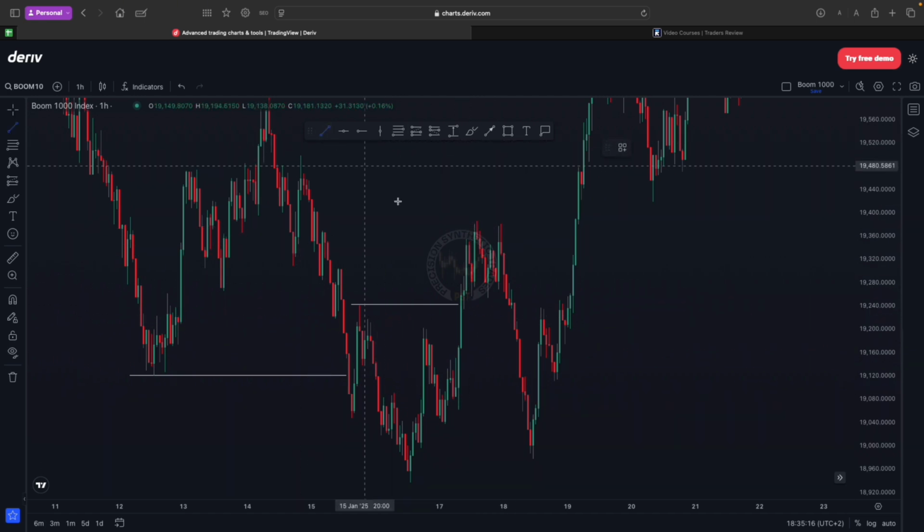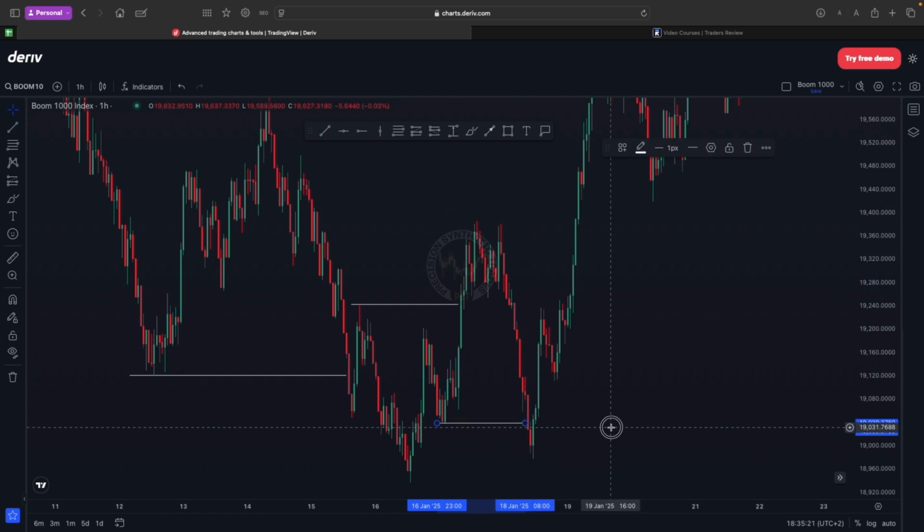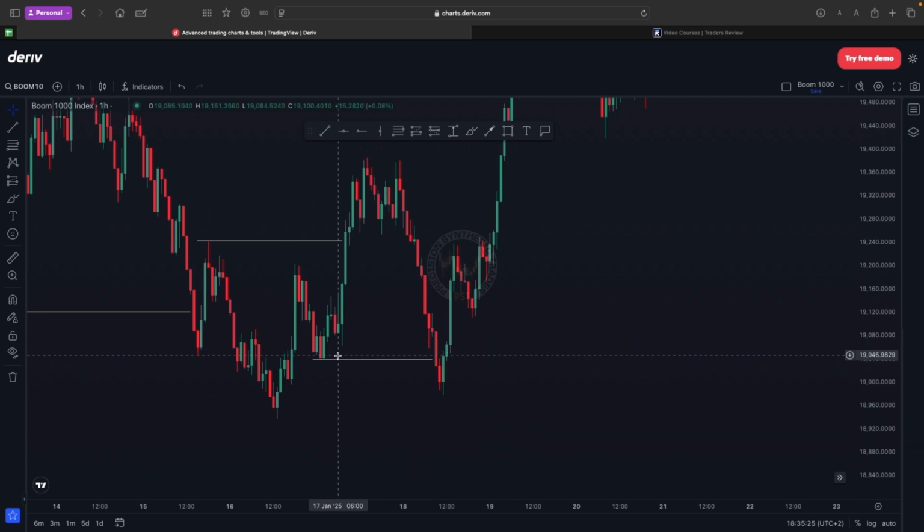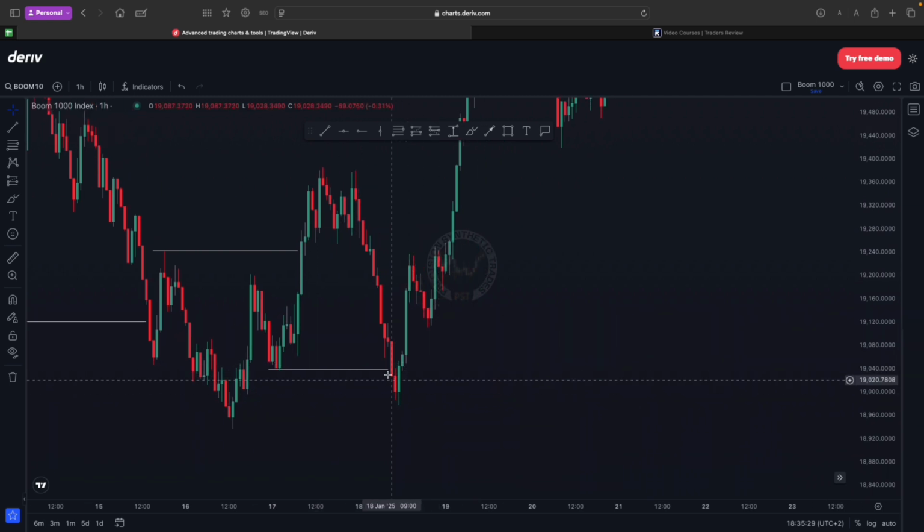We're waiting for liquidity to be taken, and this is what I like about these inversion fair value gaps. We wait for liquidity to be taken. Let's quickly see what happens. We had a reaction from here. We pushed up. Where was the fair value gap? There's a fair value gap that the market left.